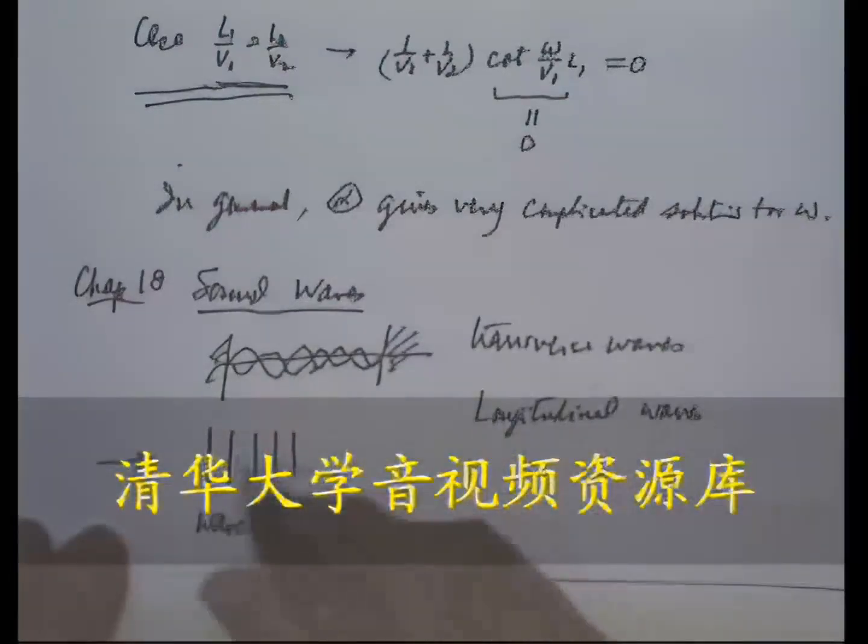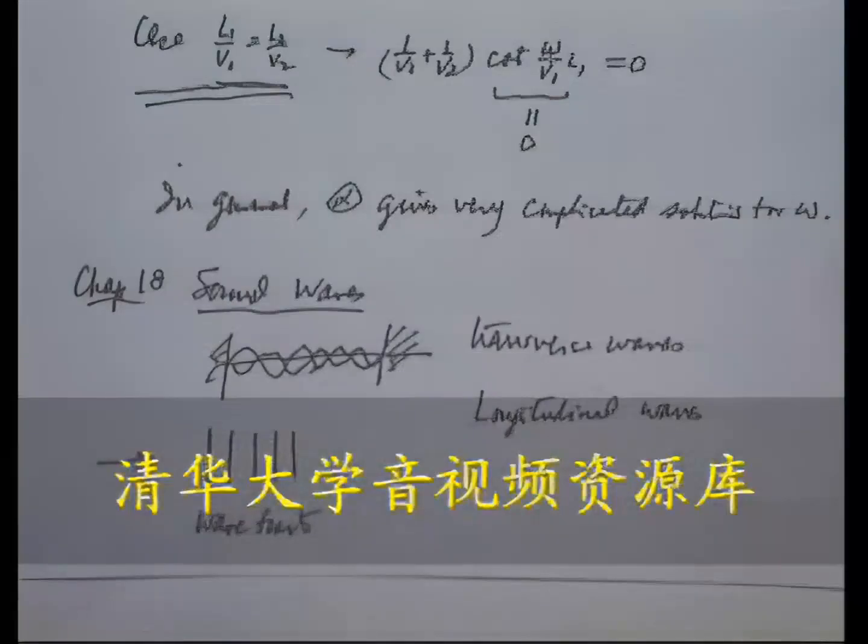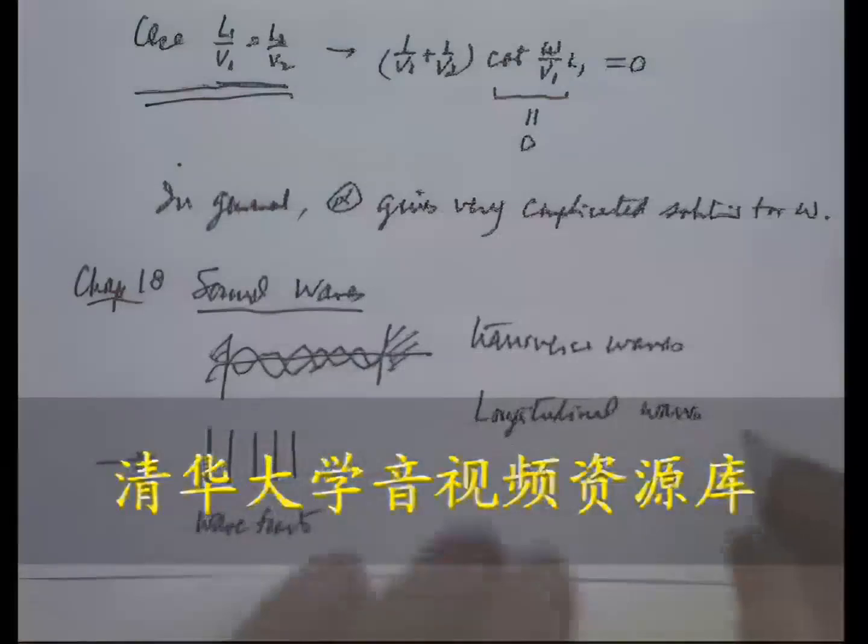These are the crests, meaning maximum density. So this is maximum density, this is maximum density, and at the next moment, the maximum density would propagate, so it moves this way. A water wave is a transverse wave, not a longitudinal wave, but it has crests which move along. So sound waves are longitudinal waves.